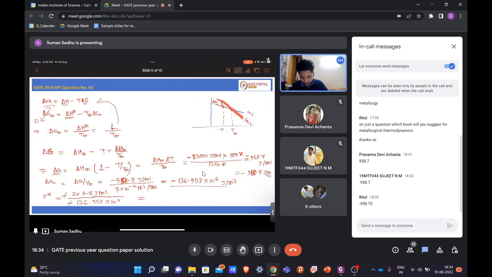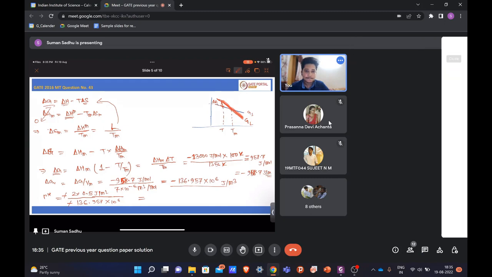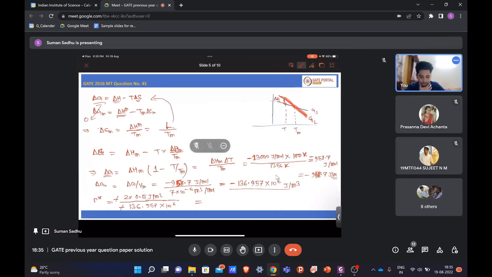So now how much is the critical radius coming? Anyone has calculated it?